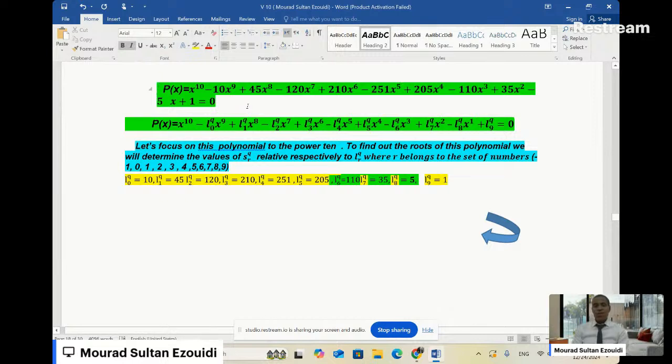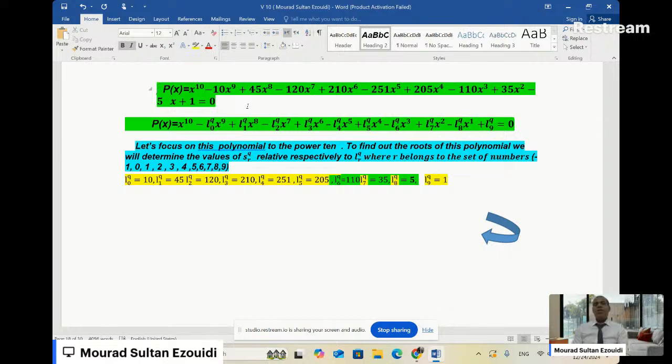Try to join your lecturers, professors, colleagues and students to apply the discriminant formula, so that you will find the exact roots of this 10th degree polynomial equation.